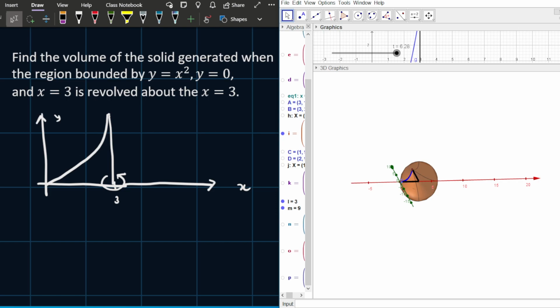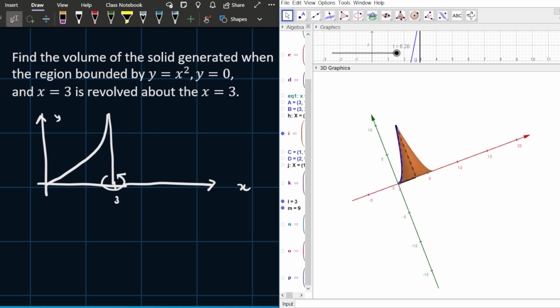Okay? Now, since iniba natin yung axis of revolution natin, ang axis of revolution natin is now a vertical line. Since we want to use discs or washers, yung rectangular strips na i-consider natin would be horizontal rectangles. Okay?